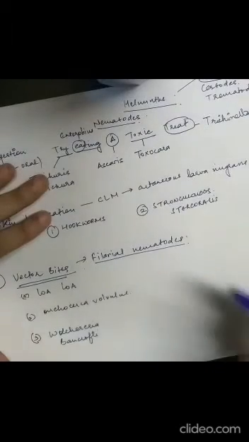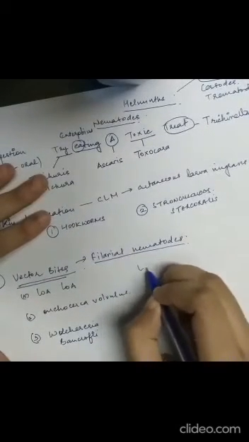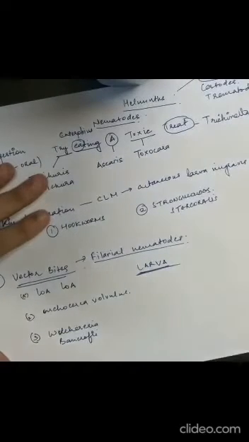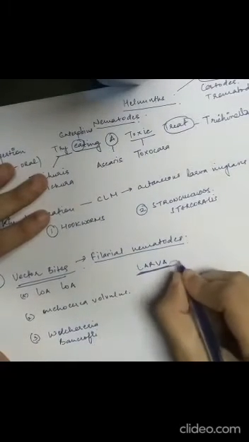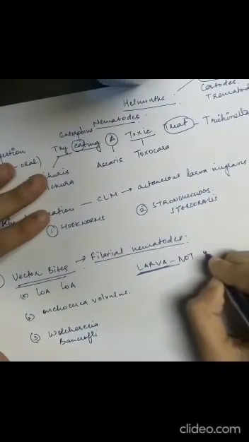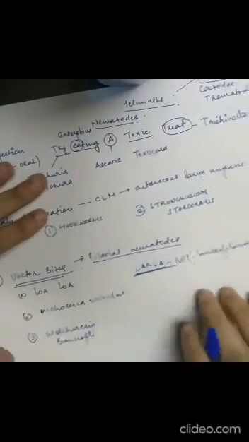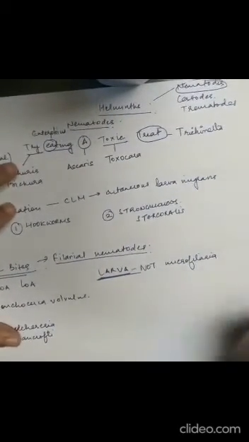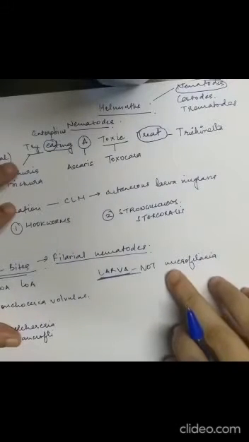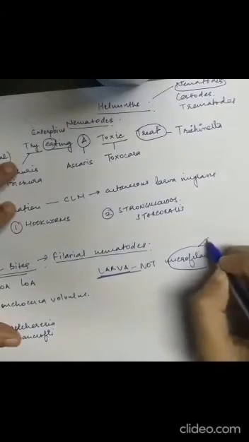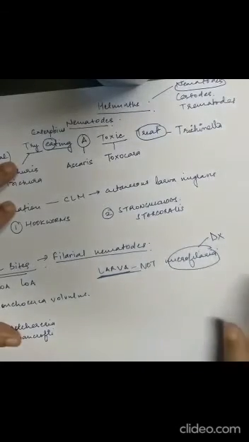Always remember, it's going to be a larva. The larva is introduced into the wound created when a vector bites, and not microfilariae. While attempting the question, we tend to mark microfilaria, but no.